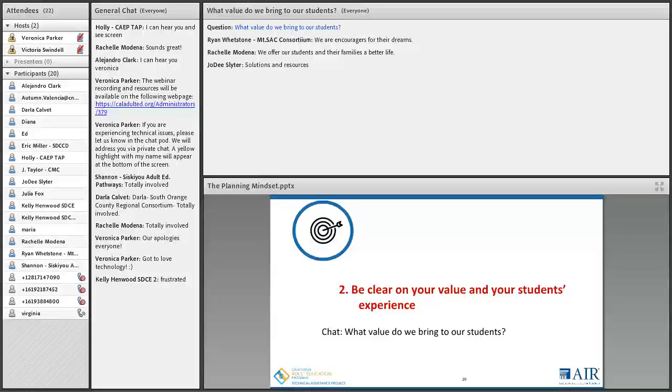If, for example, you think the value that you bring to your students is to encourage their dreams, what else could you do to intentionally build that into the curriculum or the service design, or how they are coming into their offices or your offices? What could you do differently? I think that's a great question to ask yourself over and over.